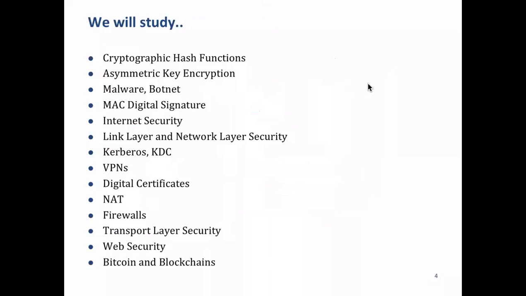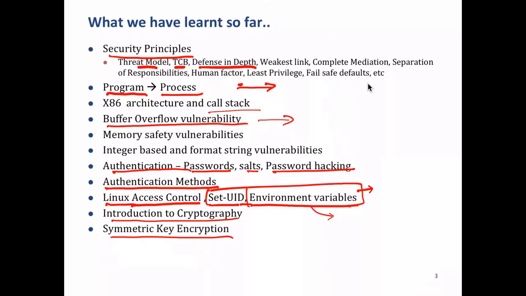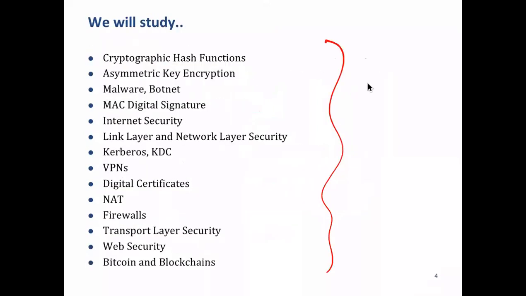All right. So this is what we will study now in the remaining part of the course. Once we complete symmetric encryption, which will take one more class, we'll move on to cryptographic hash functions. We'll look at asymmetric encryption, which is most popular nowadays and very complex.